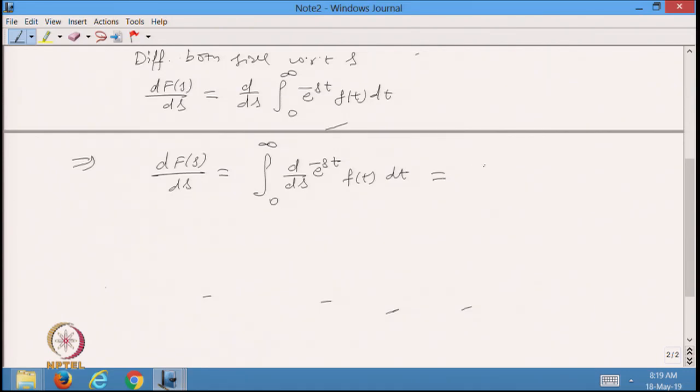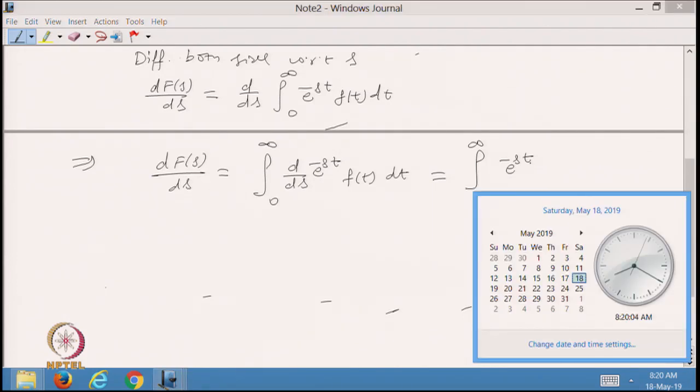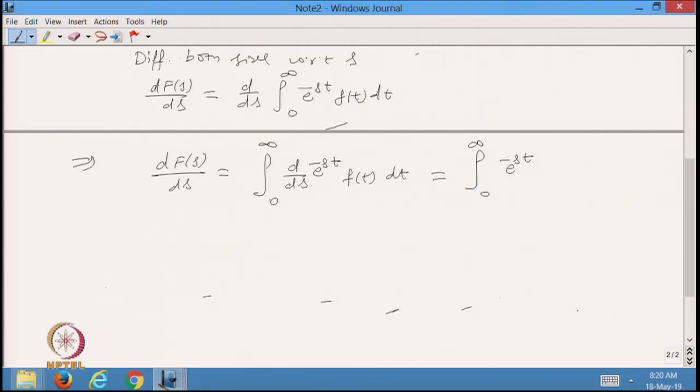The derivative of e raised to power minus st with respect to s gives minus t times e raised to power minus st.